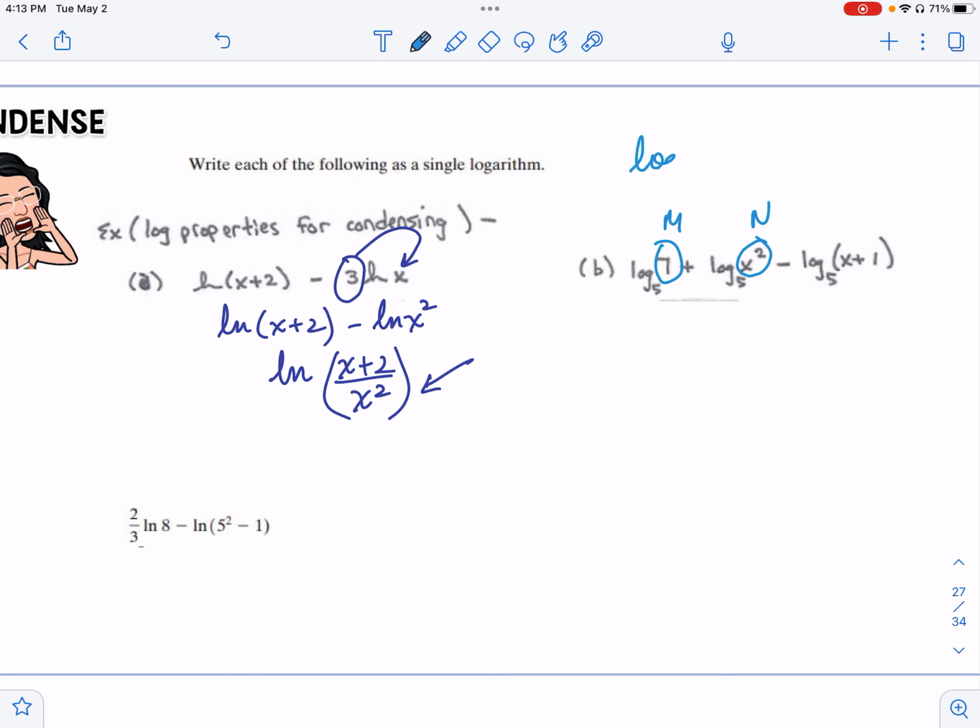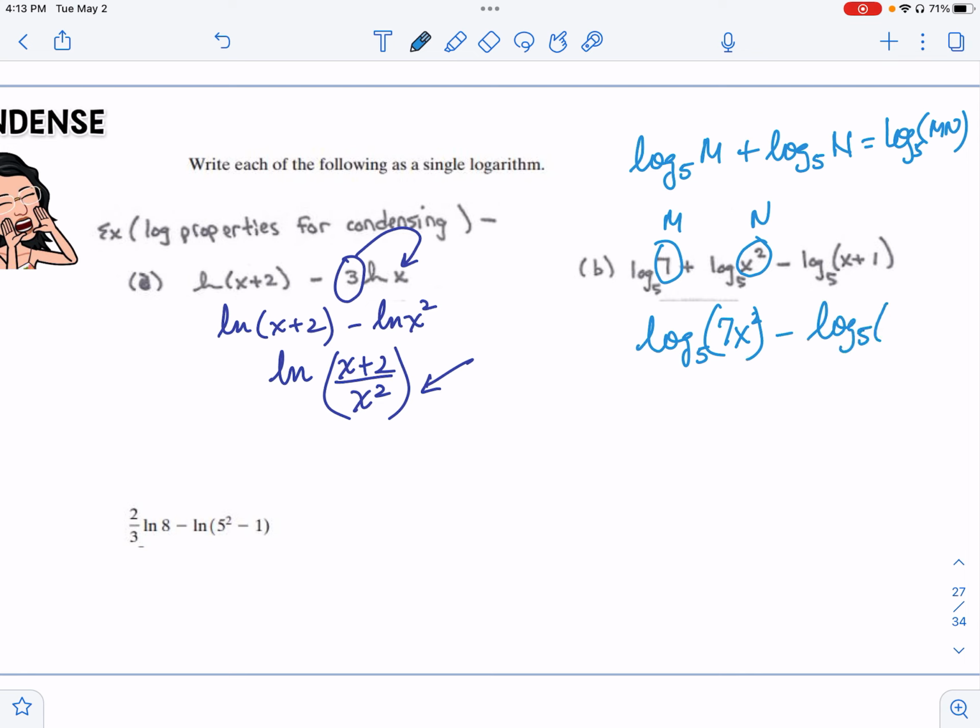So this is written in the format of log base 5 of m plus log base 5 of n, which can be condensed into log base 5 of m times n. That's what I'm going to do, log base 5 of m times n. Then minus, all right, I'll get back to this.